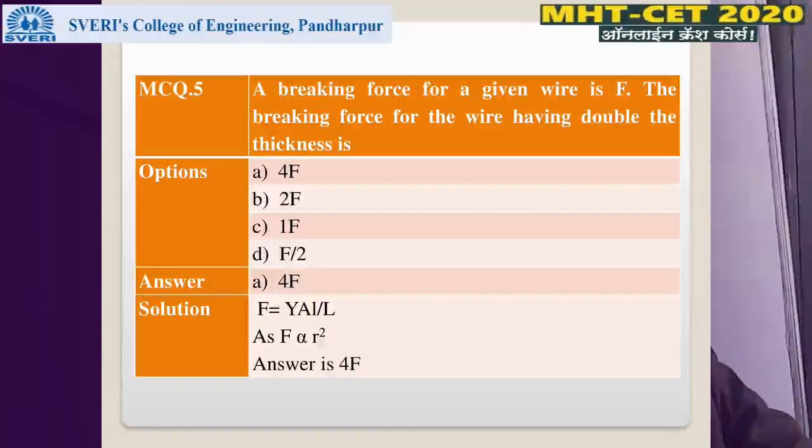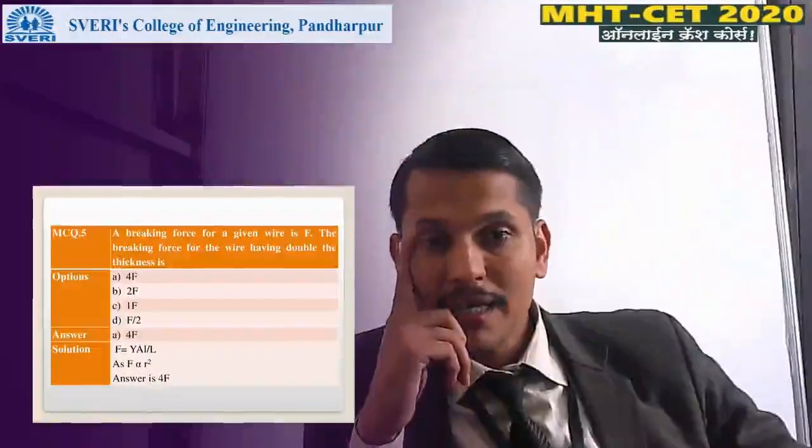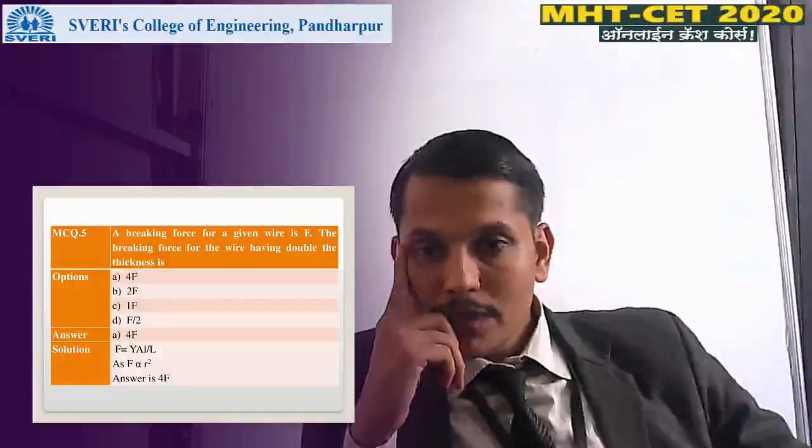But as the numerical value is missing, we can use logic. The breaking force for a given wire is F. The breaking force for the wire having double the thickness is? Double the thickness means we have to consider the area, that is pi r square.